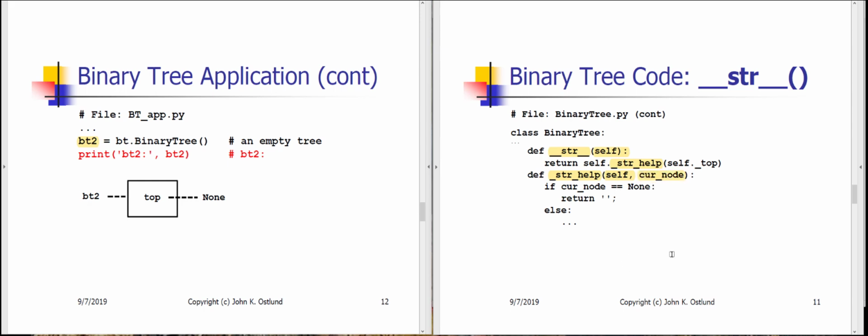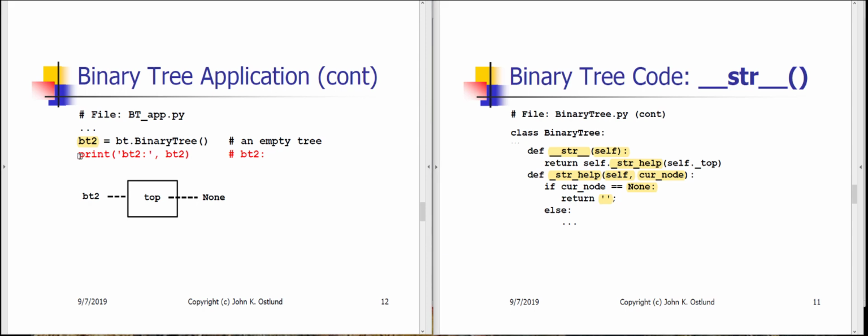Cur node is the current node that we're referring to. In this case, the current node that we're referring to is the _top instance variable's value, and that is None in the case of an empty tree. So we're going to do an extremely trivial thing in the case of an empty tree and just return an empty string to represent an empty tree.